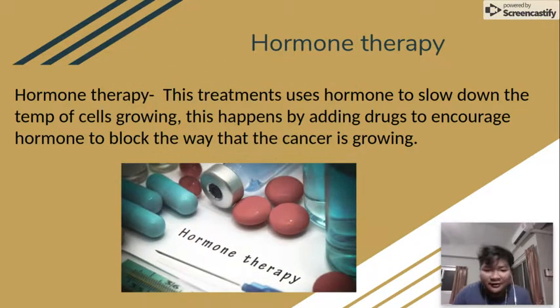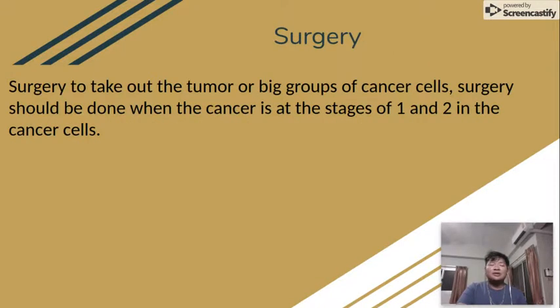Basically, you take drugs that use your hormones to slow down the growing of cancer cells, which can block the way it's growing. So the cancer cells will only grow in one part instead of growing into different parts of your body, which can spread. And it's very bad if it spreads because it's going to be harder to get rid of.